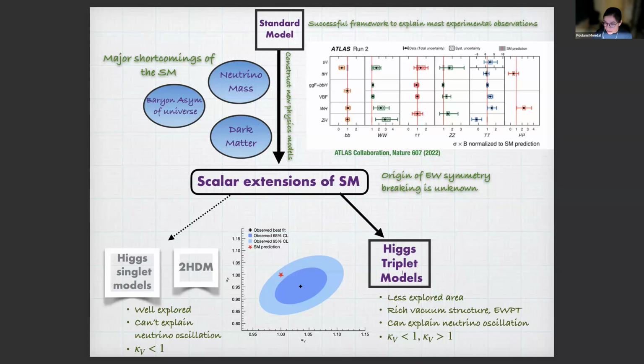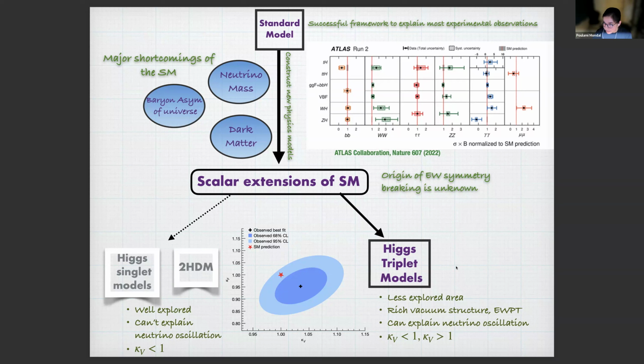So here comes the Higgs triplet model. Because of the presence of a doubly charged scalar in the theory, we can have kappa V greater than 1 as well as kappa V less than 1, which was not possible in the 2HDMs. Also, in the Higgs triplet models, the vacuum structure is much richer compared to the 2HDM scenarios.